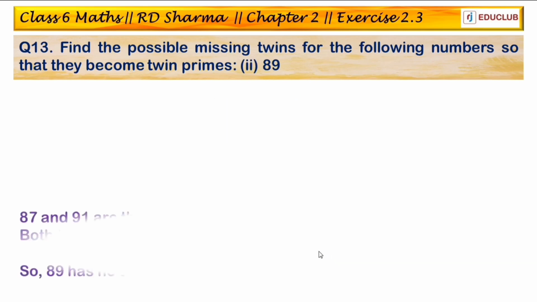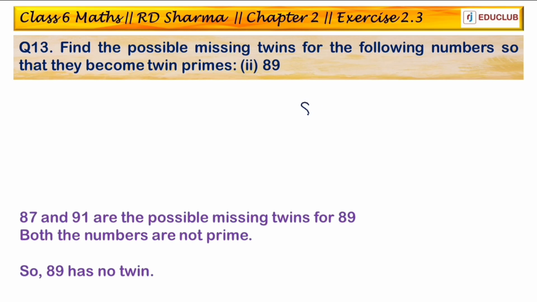Next 89 is there. What number can come before this? 88 is there, composite number. 87 can be there and 91 can be there. Now 91 is not a prime number. 87 is also not a prime number.